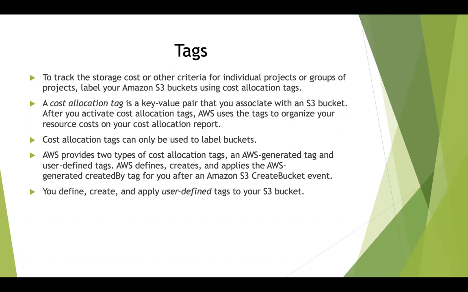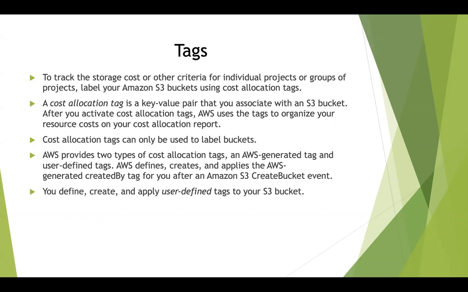AWS provides two types of cost allocation tags. One is an AWS generated tag, and the other one is the user defined tag. AWS defines, creates, and applies the generated tag after you have created the S3 bucket. But then you can define your own user defined tags on your S3 bucket. So this is called cost allocation tags, or you can just call it tags.